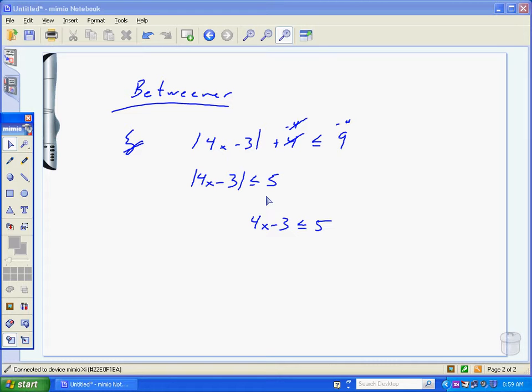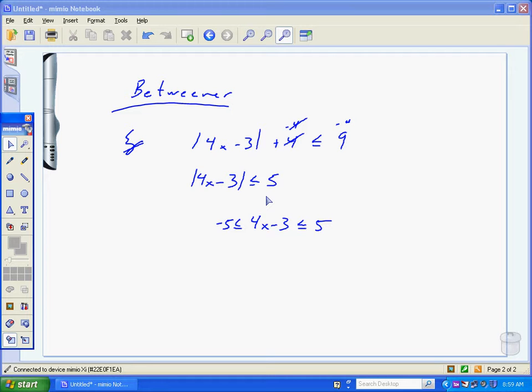If I think of negative 4, that negative 4 is greater than negative 5. Negative 5 is less than negative 4. So our x's, our solution, are between the two possible results here.